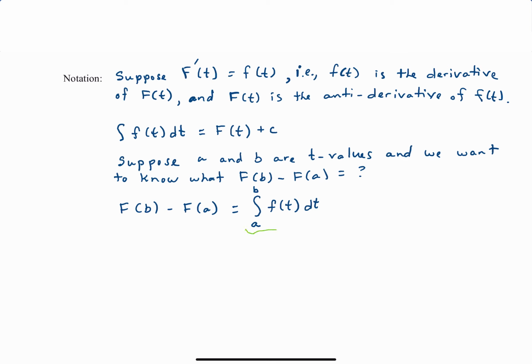So what's going on here is I'm defining some new symbols. This is defined when you put the little a's and b's in. What we're saying is that this is defined to be not just capital F, the antiderivative, but specifically plug in those two numbers, a and b, and then subtract.